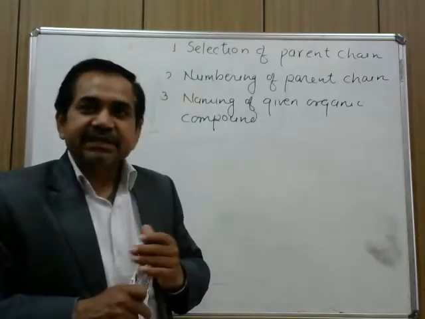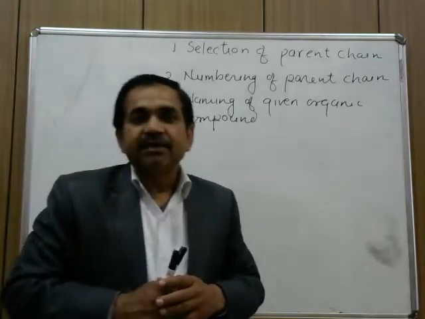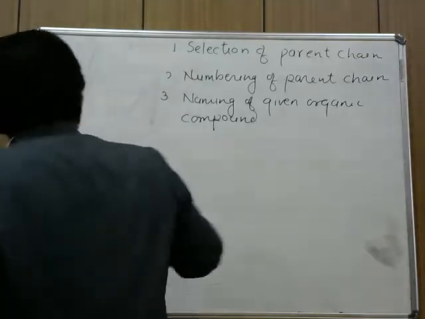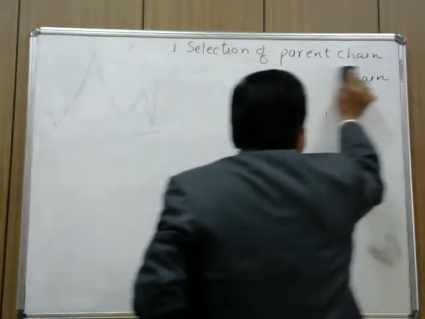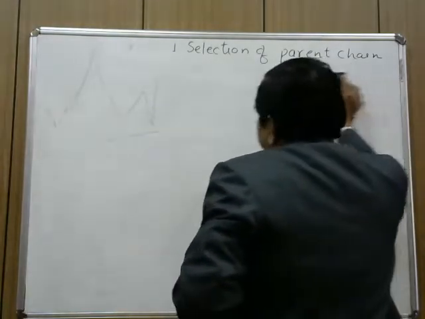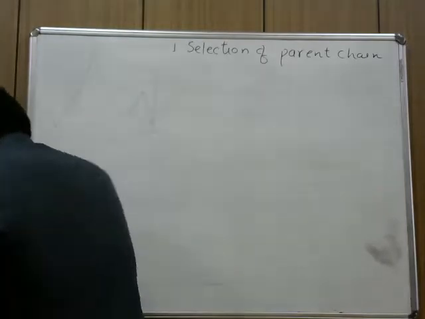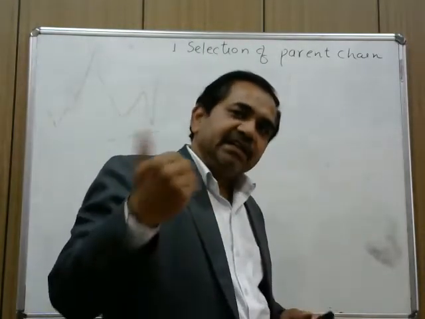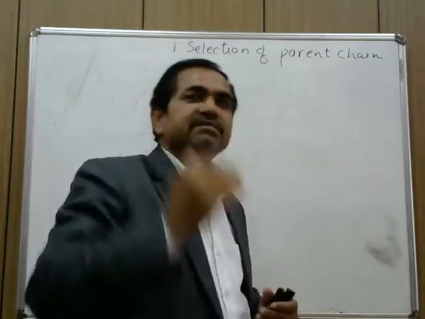Now let us try to understand all these steps one by one. And as I told you that there is an unsaid rule also, all these rules should be used in this sequence only.